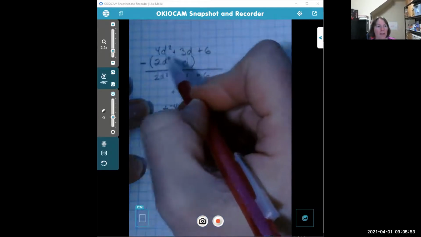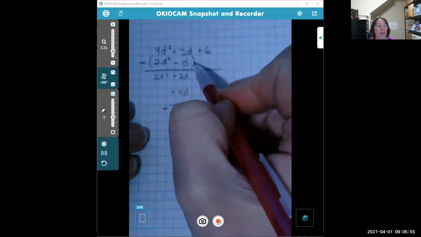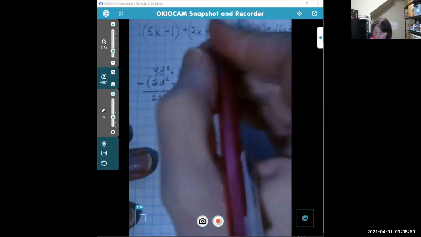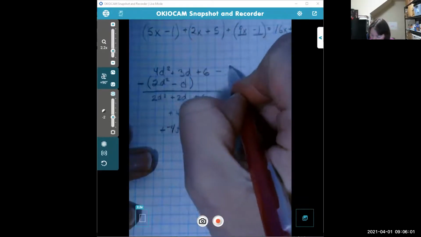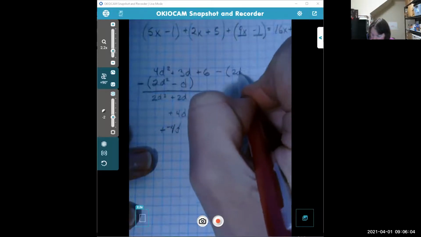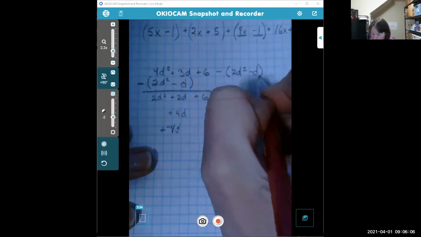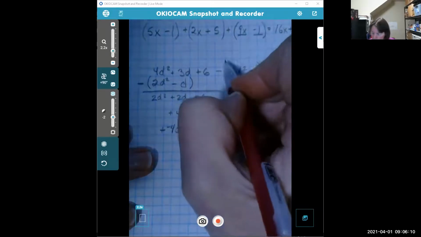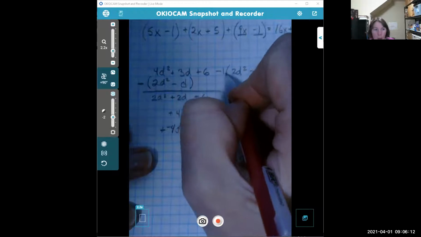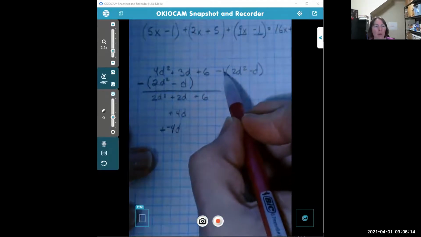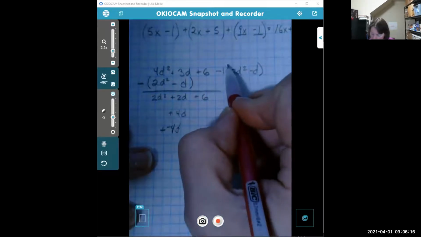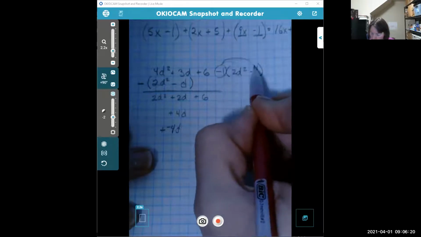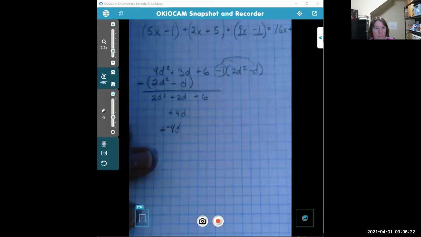And so putting parentheses around this can be very helpful to you, because if you were to write it sideways, you would have seen it would be this minus, in parentheses, 2d squared minus d. And at this point, you would remember, oh, wait, there's a 1 here. There's that implied coefficient of 1, and it's negative. And I would need to distribute that negative 1 to all my pieces, right?